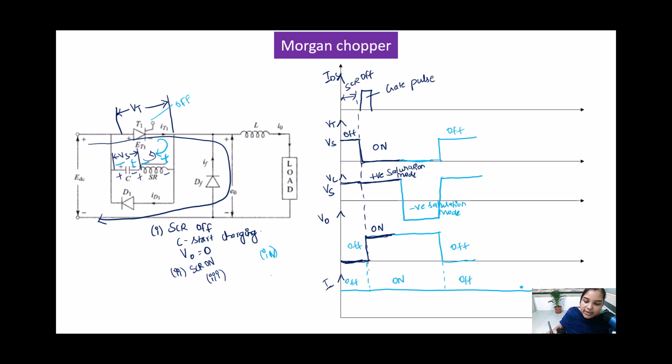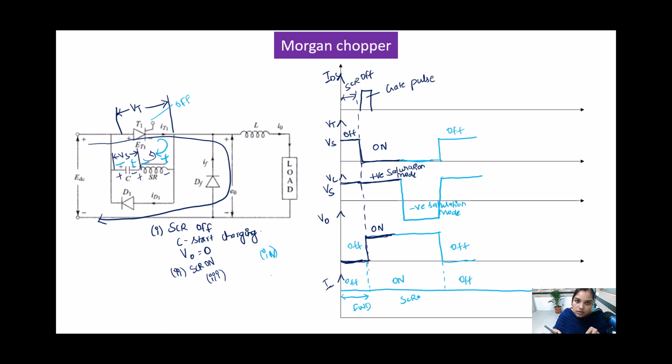But even though you are getting the current, what is the reason? When SCR is off, the current flows through the freewheeling diode. When SCR is on, the current flows through the SCR. Okay, so there are two considerations.